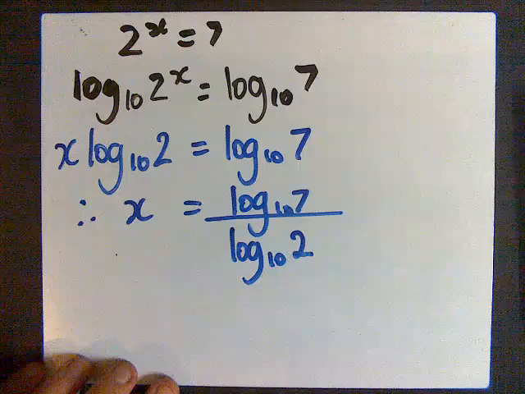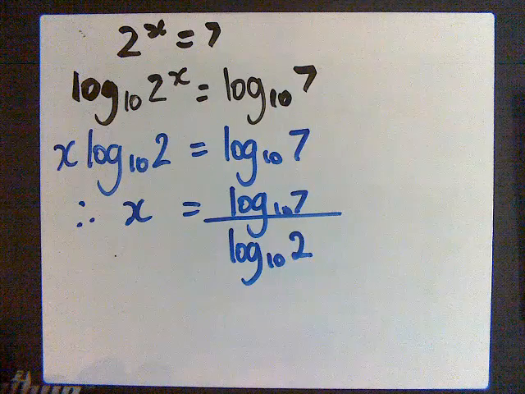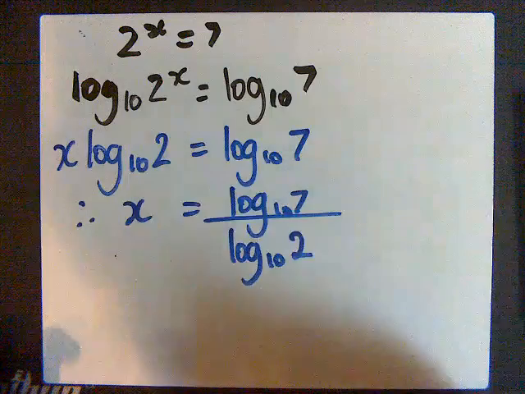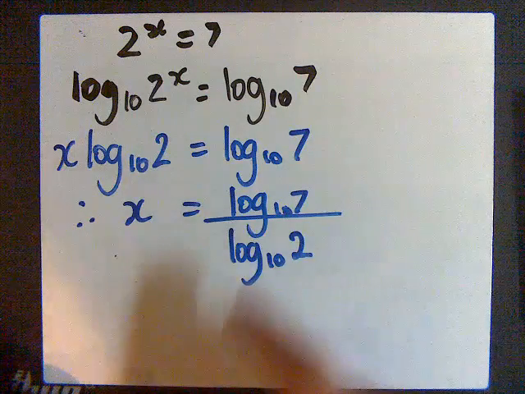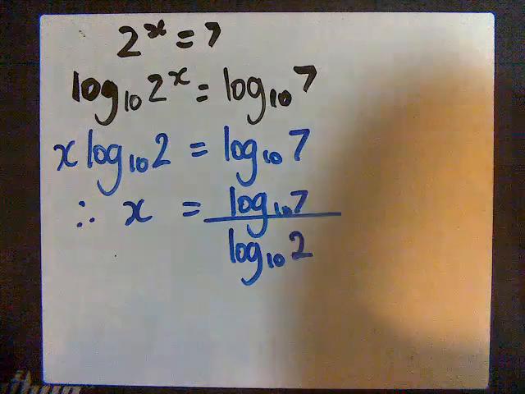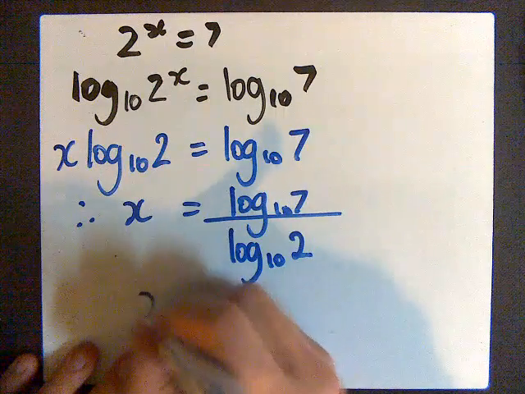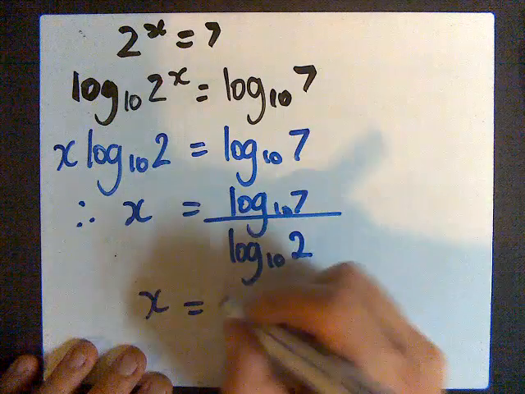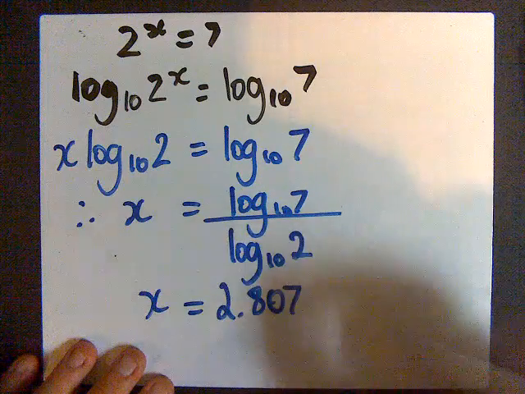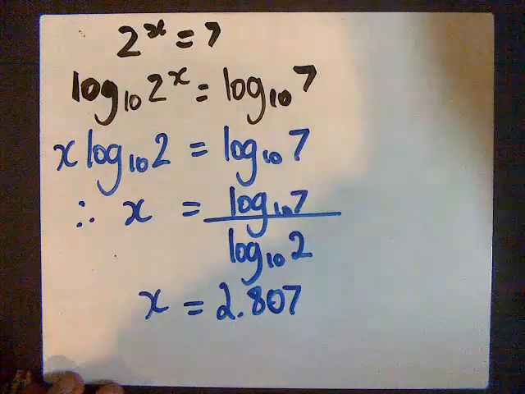Your calculator will automatically default to log base 10. So if you hit log, then in brackets 7, close the brackets, divided by log in brackets 2, you would get the right answer coming out. So if I do that in the calculator, it equals 2.807 to 3 decimal places.